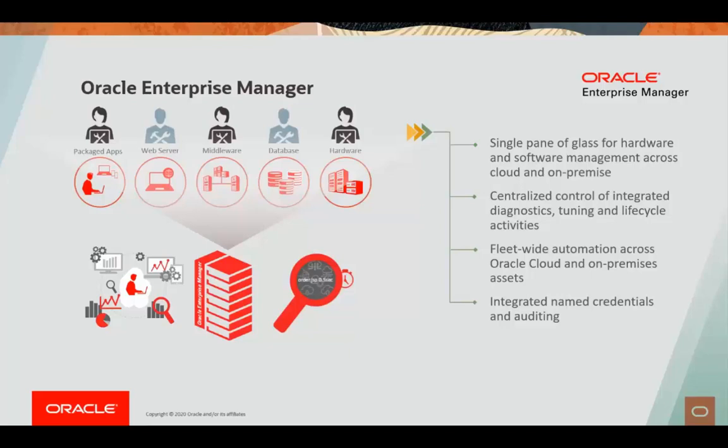It also provides centralized control of integrated diagnostics, tuning, and lifecycle activities. The fleet-wide automation across Oracle Cloud and on-premises assets helps administrators ease all the lifecycle management activities they're involved with. Also, Oracle Enterprise Manager is integrated with named credentials and auditing.